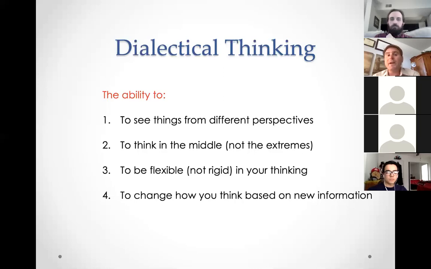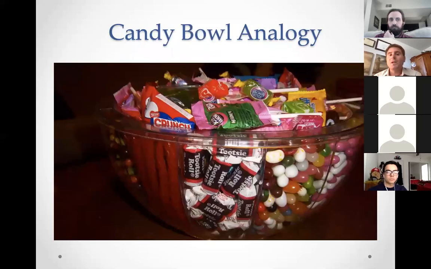Because if you do not have the ability to process dialectically, it does not matter how much information you have, right? You still continue to see things the same way you always have. So a really simple analogy you can use with clients for them to understand this idea of dialectical thinking. You can use this imaginary candy bowl, or you can even bring in a real candy bowl.